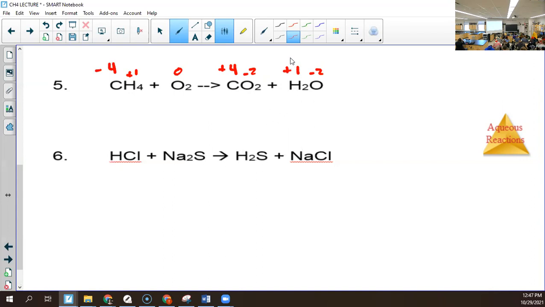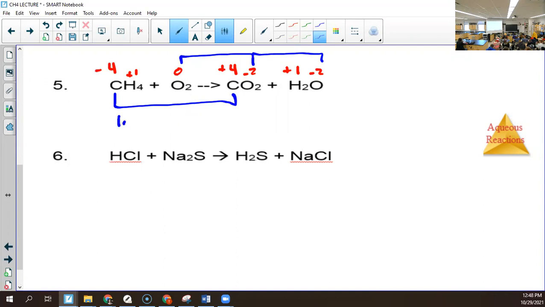Okay, so who changed? Carbon definitely changed a lot, right? And oxygen changed in a couple places. Okay, so carbon went from a negative to a positive, so it definitely what?